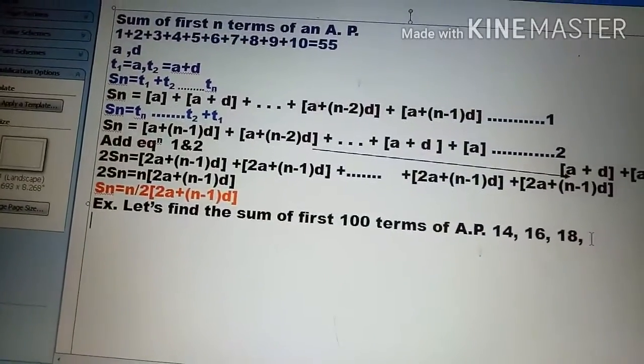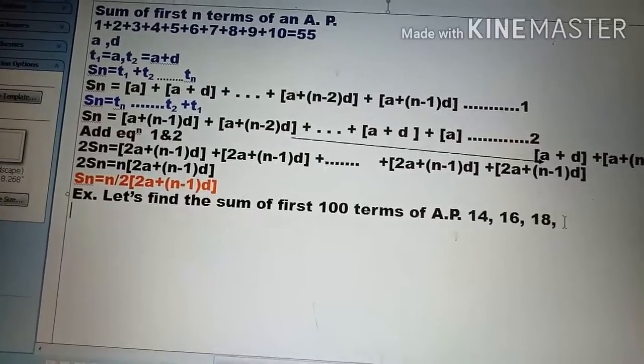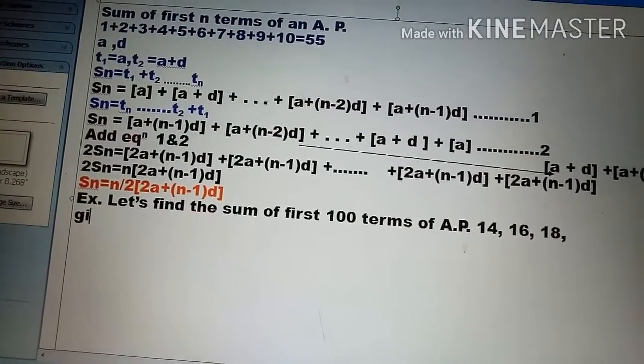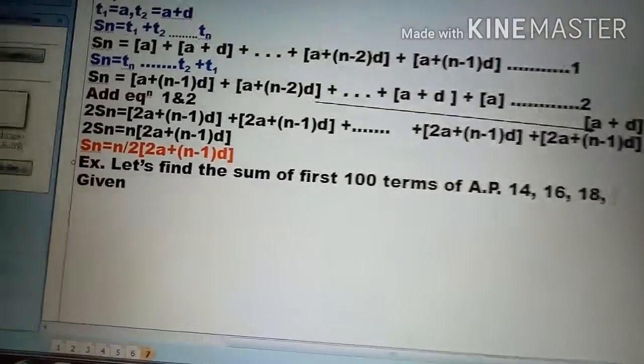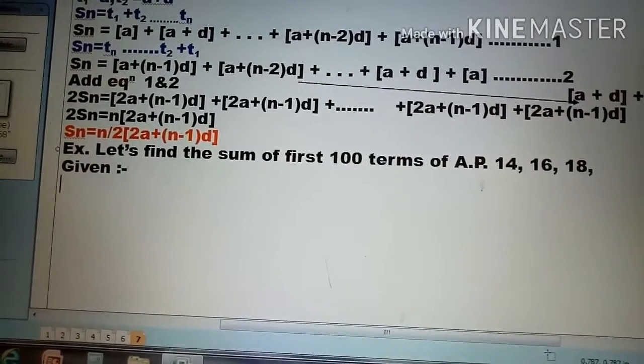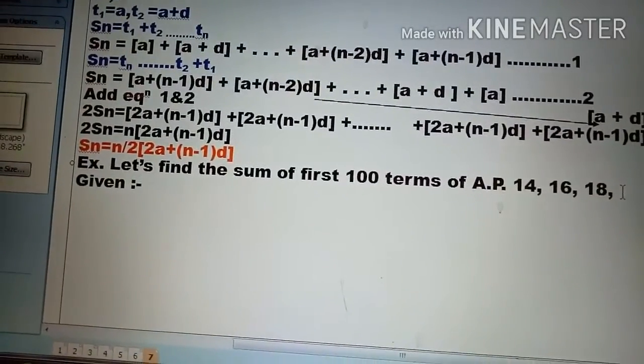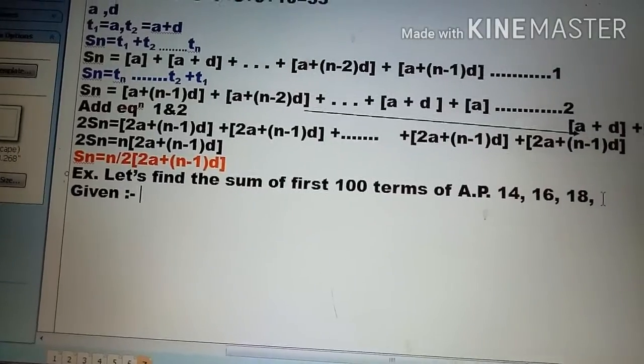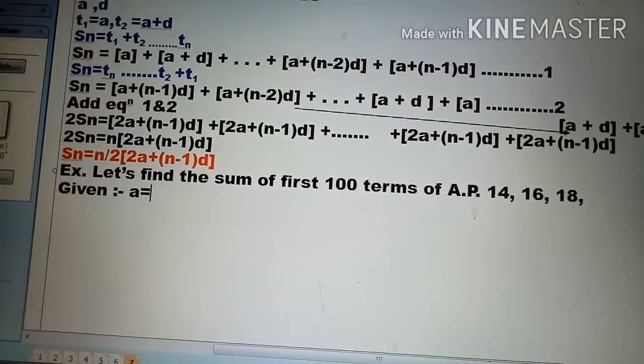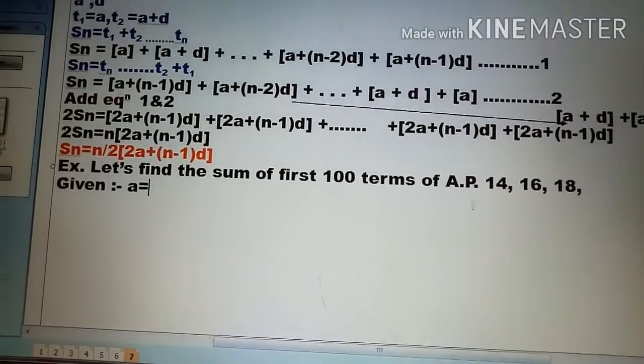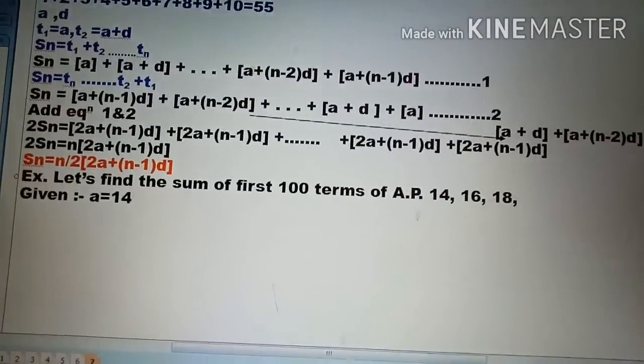First of all, in the example, what we have to check is what is given. We are given the first term. What is the first term? We consider a as our first term, so a is equal to 14.